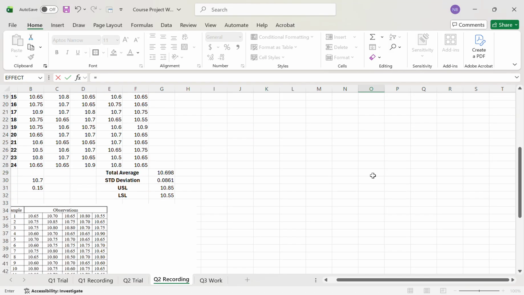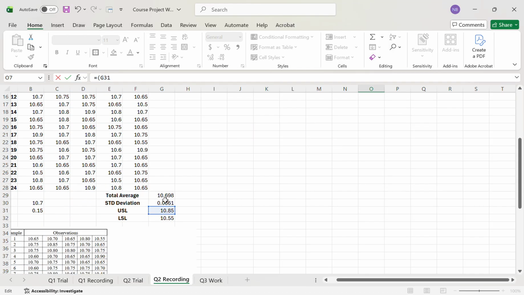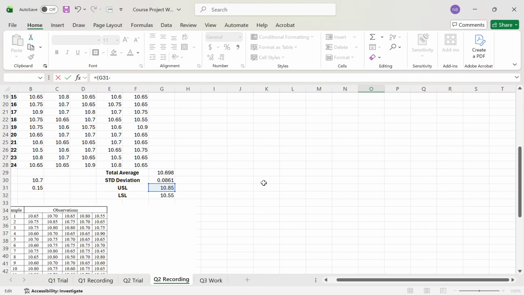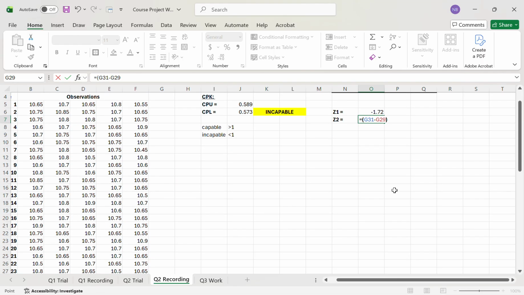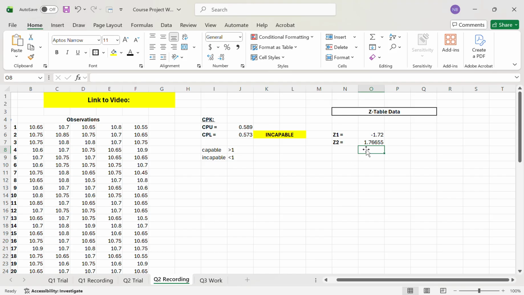So for Z2, you're going to take the upper specification limit, subtract x bar, or the average, and you're going to divide it by the standard deviation, and this gives us 1.77.